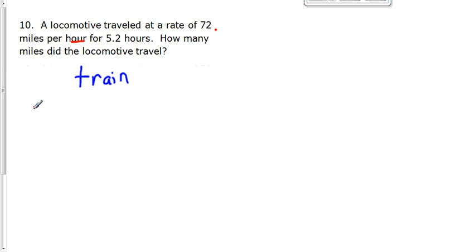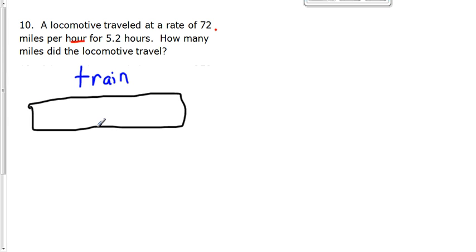If we think about it as a story bar, this is the whole story about my train here. This train is traveling every hour.